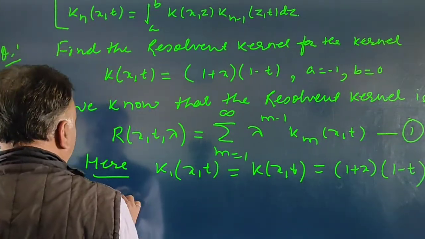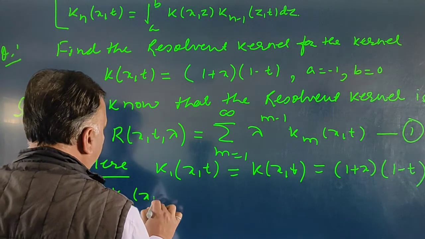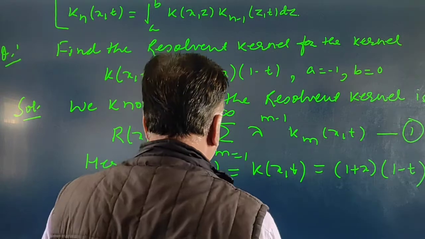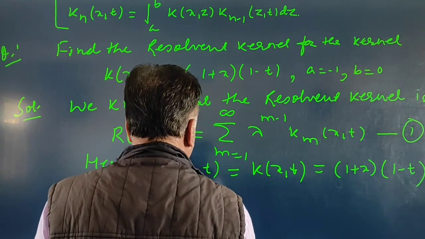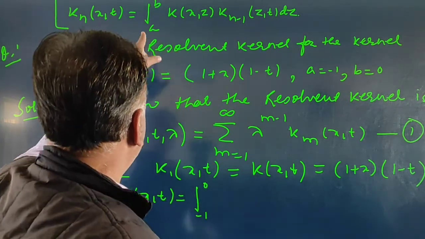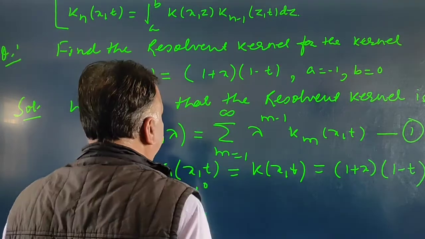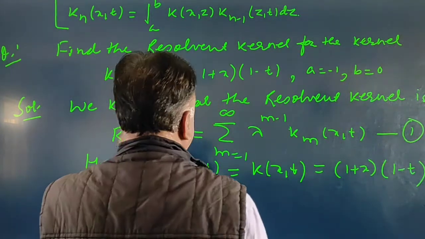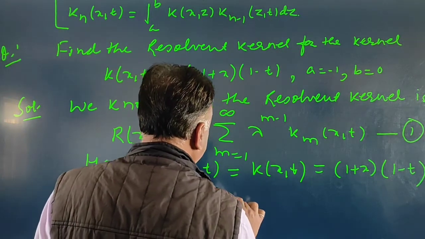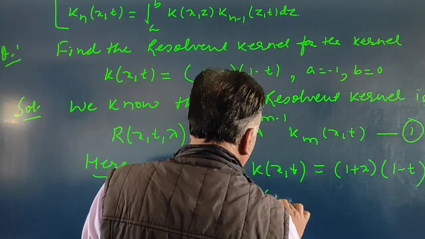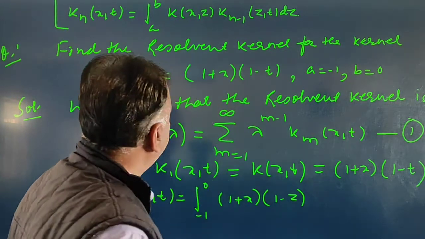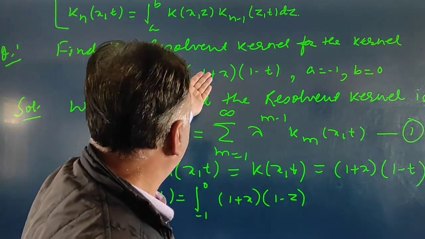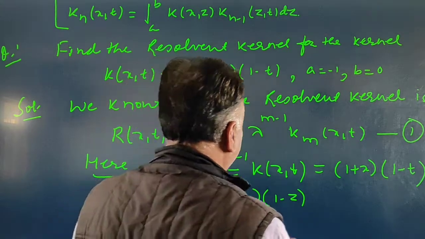So K2(x,t) is equal to the integral from a to b, here a is minus 1 and b is 0, so minus 1 to 0, of K(x,z) K1(z,t) dz. Here K(x,t) is given as (1 plus x)(1 minus t), so K(x,z) is (1 plus x)(1 minus z).